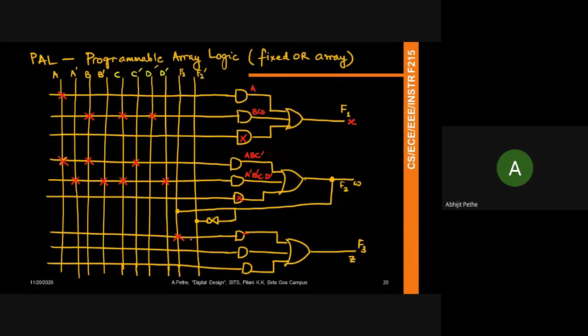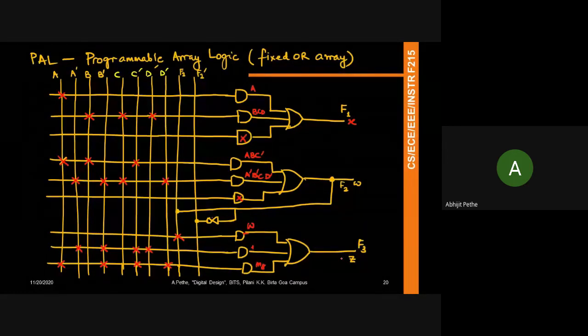Minterm 1 would be A prime B prime C prime D. And then my minterm 8 will be A B prime C prime D prime. So this is giving my minterm 1, this is giving my minterm 8, this is giving W.